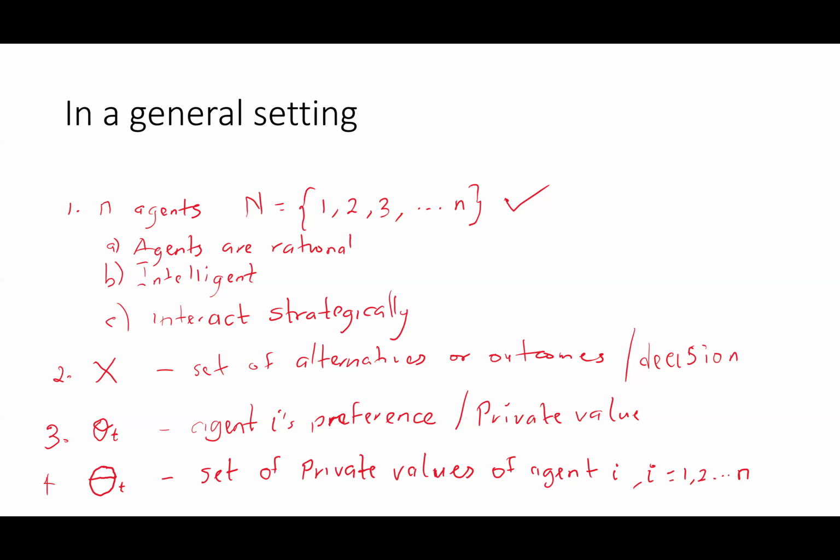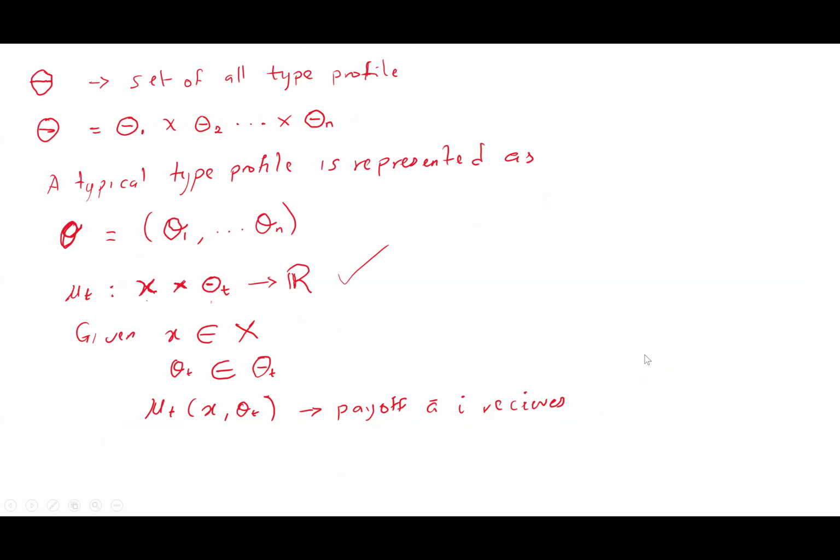So we are saying that, assuming we are representing theta by the set of all types of the profile, in a typical profile the utility that an individual has will be in a set of real numbers.